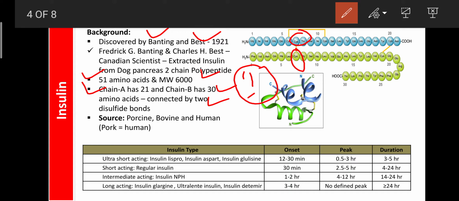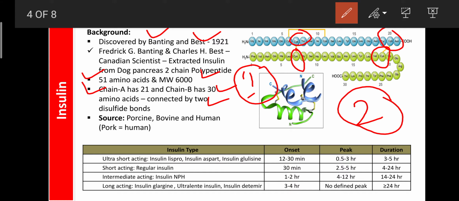So like that, insulin is made up of two polypeptide chains bound by two disulfide bonds at the 7th position and at the 20th and 19th amino acid positions, and in both cases the bond is formed between the cysteine amino acids.